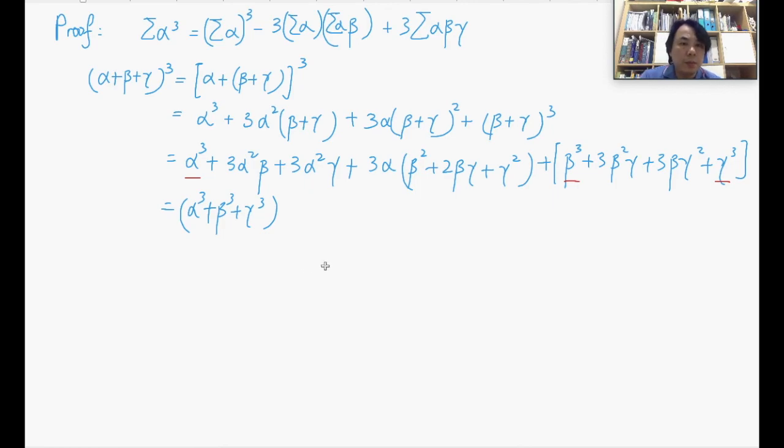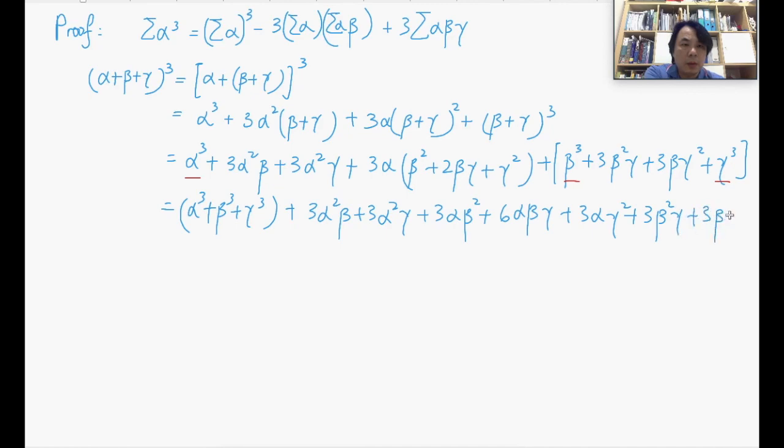So there's one group, and then the rest I just rewrite them again, and then we'll see what we can do with this. So we have 3 alpha beta square, we have 6 alpha beta gamma, we have 3 alpha gamma square, and then here we also have 3 beta square gamma, and then finally we have this gamma square here.